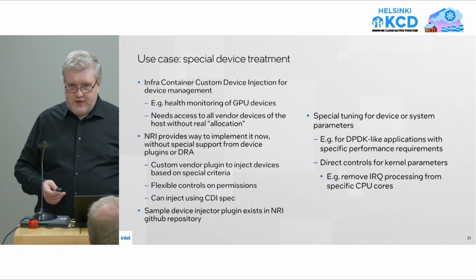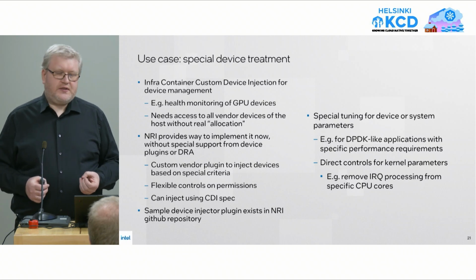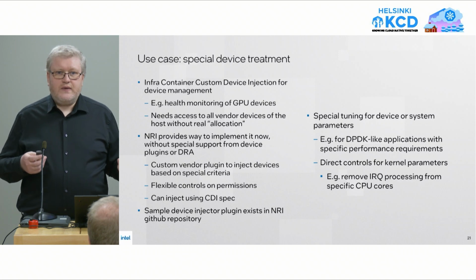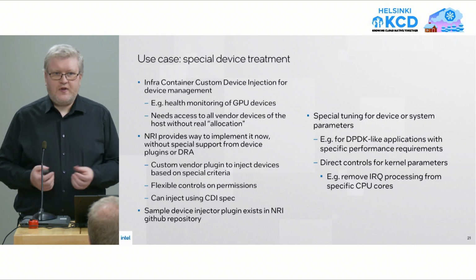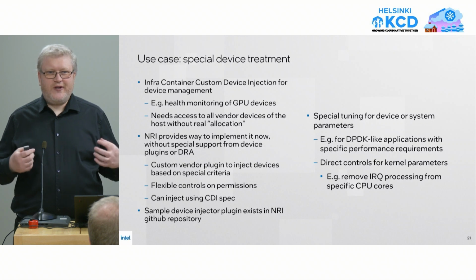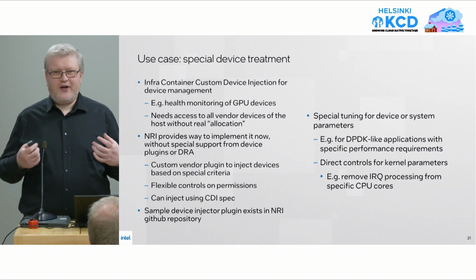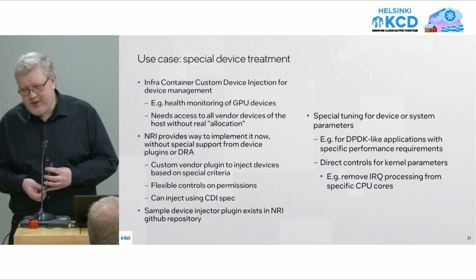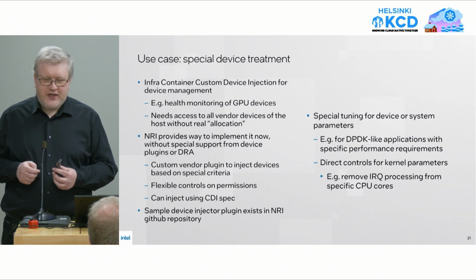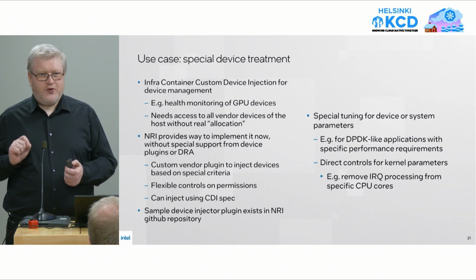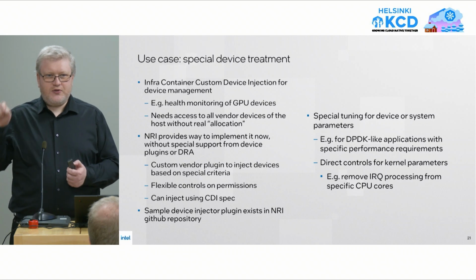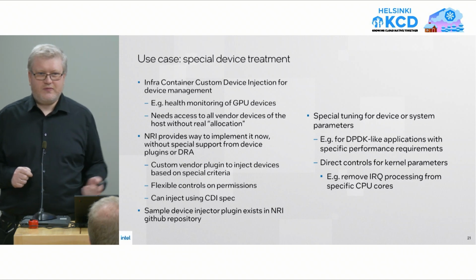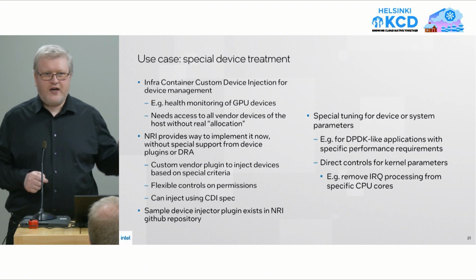So again, it's completely transparent to Kubernetes, with access to the internal properties of the devices. Then we have another example, again specific to devices. In the telco world, we are quite picky about how a system should be set up and how things should be working. Sometimes it goes to nifty details, like on this CPU core, when I'm processing packets, I don't want this CPU to be serving interrupts for other hardware, like disk drives.